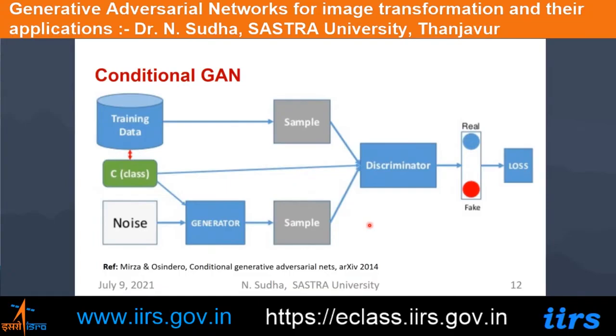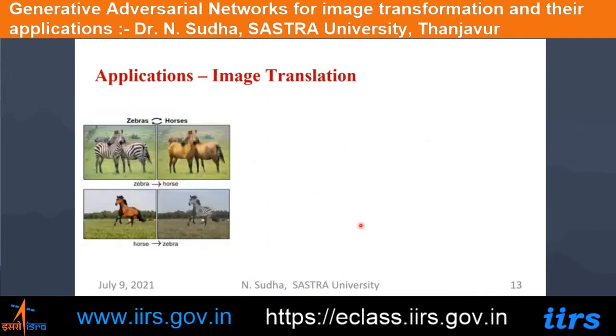And there are many applications for these generative neural networks, GANs. One important application is image translation. If you give a zebra image, it will be translated to a horse image, and you can also translate from horse to zebra.